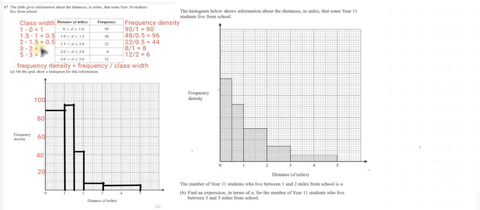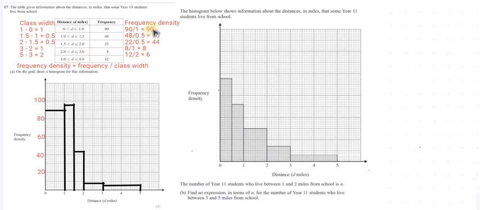I have found the class width on the left, which is the higher value minus the lower value. So the class width for the first one is 1, for the second one is 0.5, third one is 0.5 as well, for the fourth one it's 1, for the fifth one that's 2.